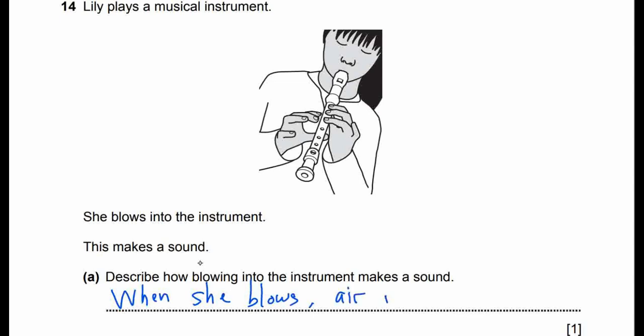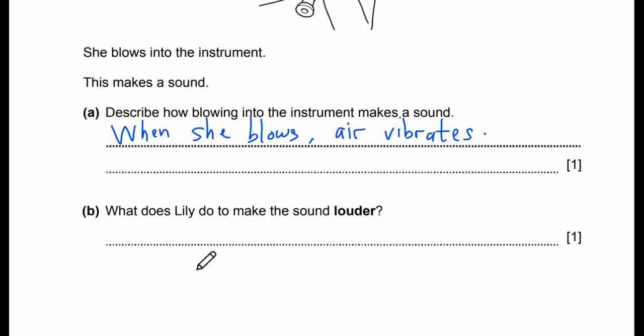Air vibrates and creates sounds. We know sound is a wave, a longitudinal wave.